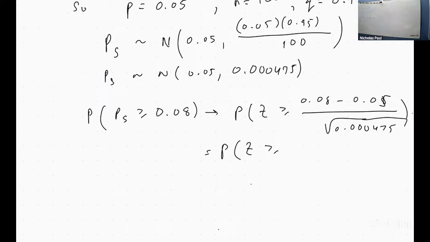How much is that? All right, good. Go to the tables and read out that value. So it's 1 minus phi of 1.376.